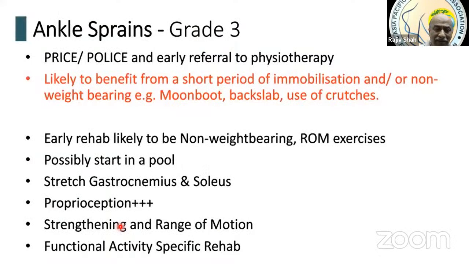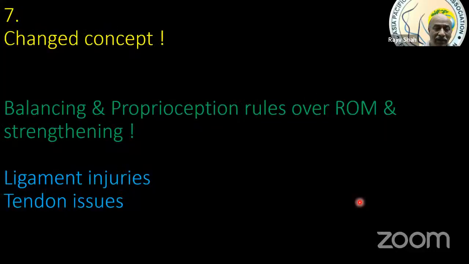So for ankle sprain, you start early rehab, initially weight bearing, range of motion exercise, maybe swimming pool exercise, stretching of gastrocnemius, soleus, followed by proprioception, strengthening, range of motion, and lastly, activity specific rehabilitation.